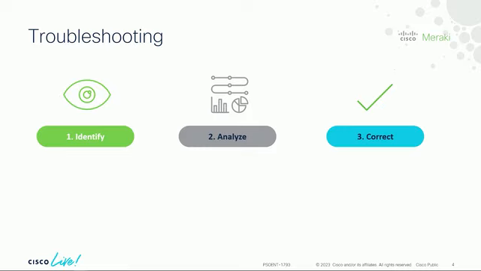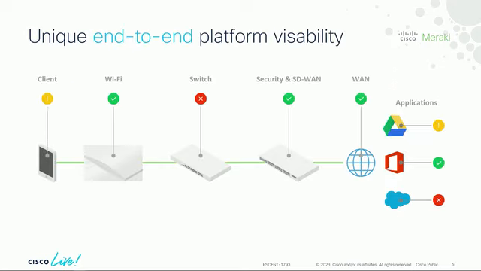So what I want to do here is walk you through an example. This is a typical path flow that originates from your end client device, which can either be connected to your access point or to your switch. It goes through the entire path to your edge device and then out to the cloud.